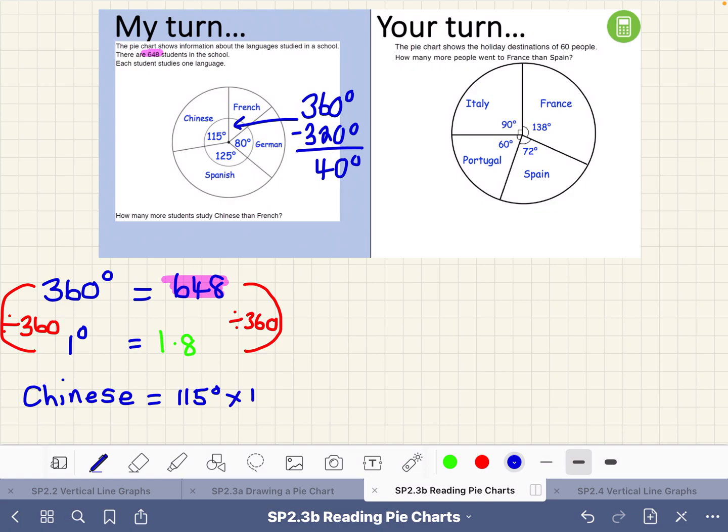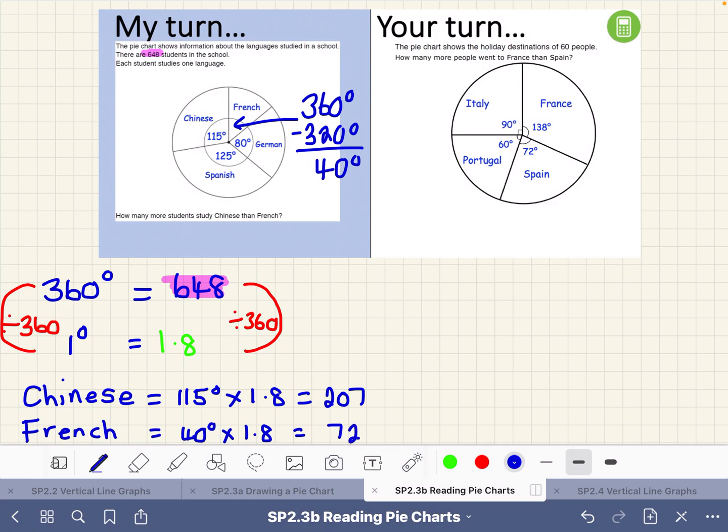Each degree is worth 1.8, which means we have 115 multiplied by 1.8 gives us 207. The people studying French, we have 40 degrees. Each of those degrees is worth 1.8, which means 40 multiplied by 1.8 gives you 72.